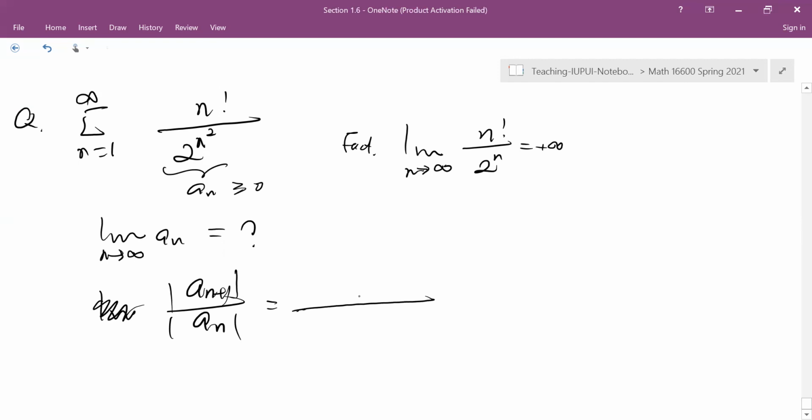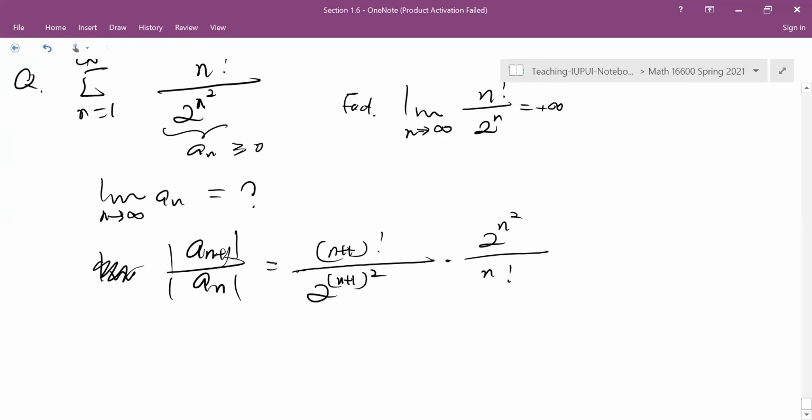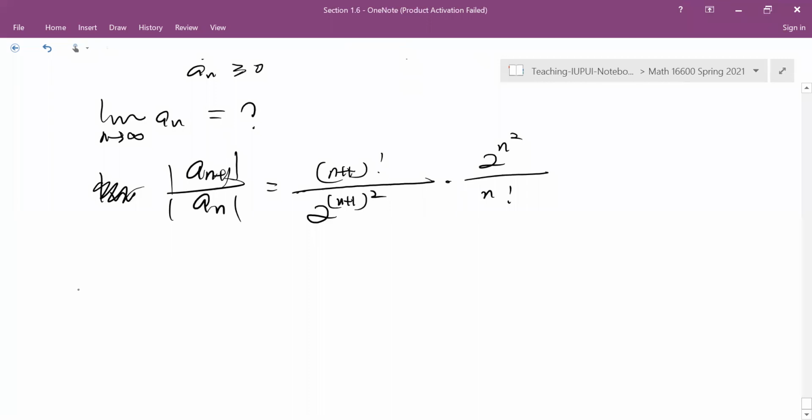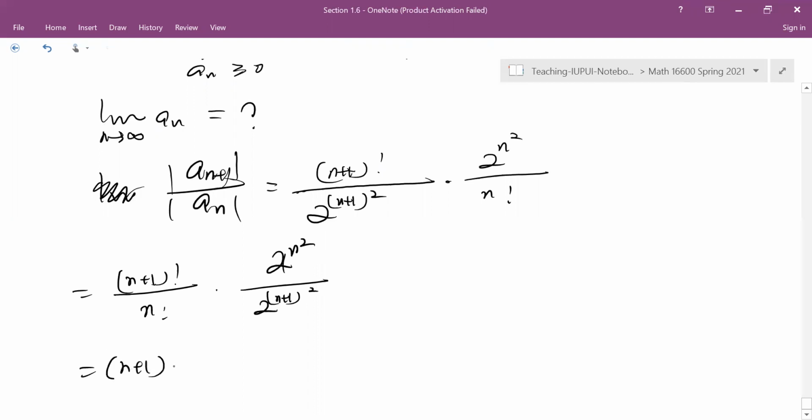This is (n+1) factorial over 2 to the (n+1) squared, and the denominator, I can turn it upside down. So this will be (n+1) factorial over n factorial, and this will be 2 to the n squared over 2 to the (n+1) squared. And here is n+1, right?